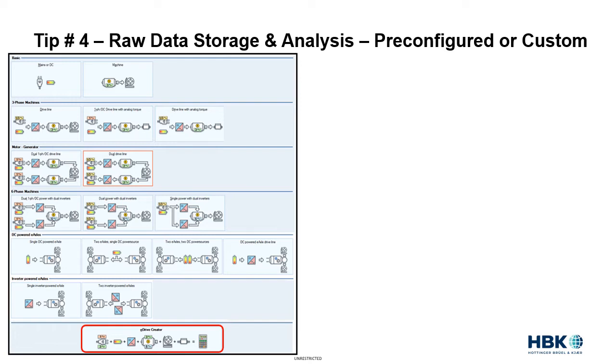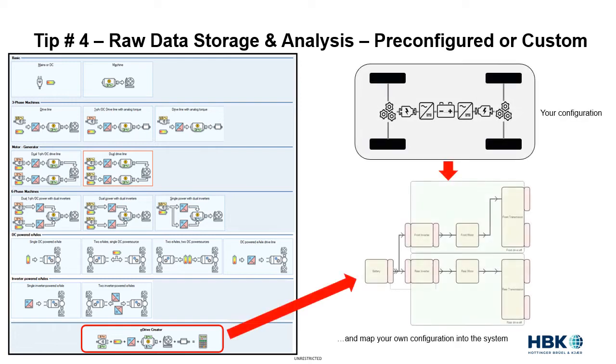So in this example, you can choose between a basic mains or DC or machine to 3 or 6 phase machines, motor generator setups, DC or inverter powered E-axles, or even map your own custom configuration. This becomes a very convenient way to view and understand large systems and saves lots of time not having to create all the power equations because they're automatically created for you based on the configuration.